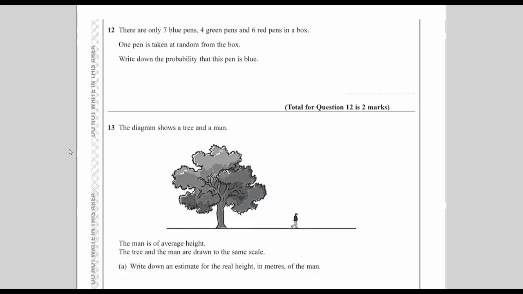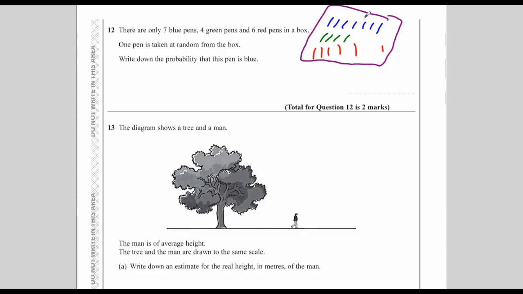There are only 7 blue pens. Okay, let's do a very quick 1, 2, 3, 4, 5, 6, 7. 4 green pens. 1, 2, 3, 4. And 6 red pens in a box. 1, 2, 3, 4, 5, 6. And let's put them in a box.